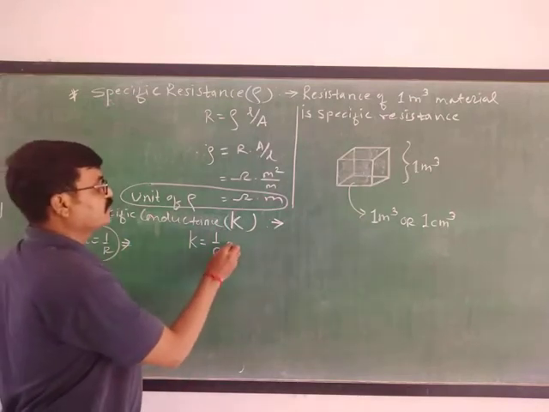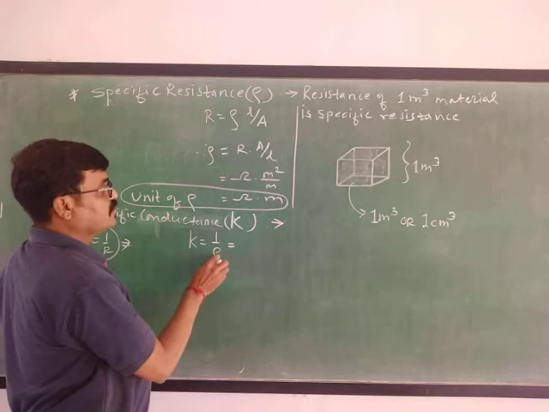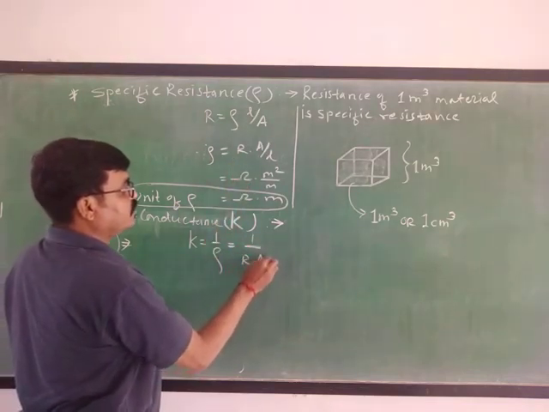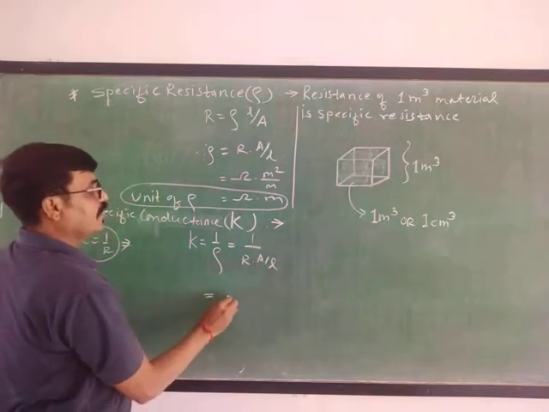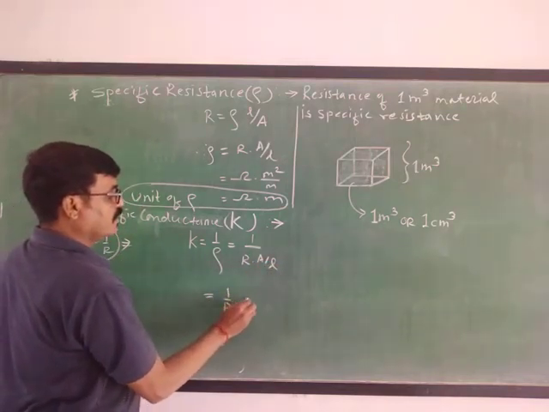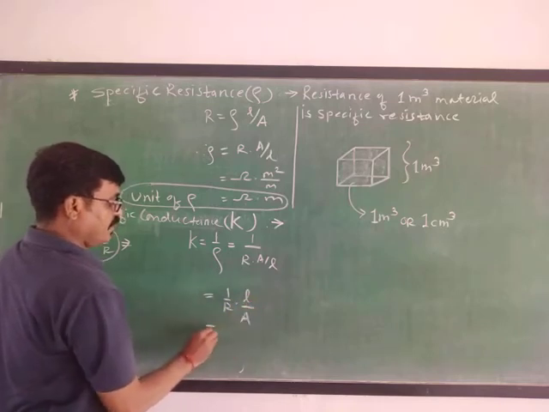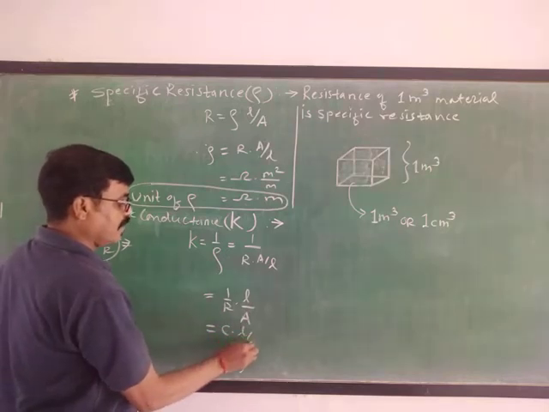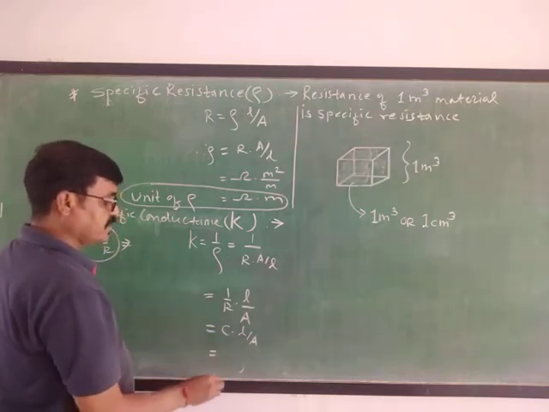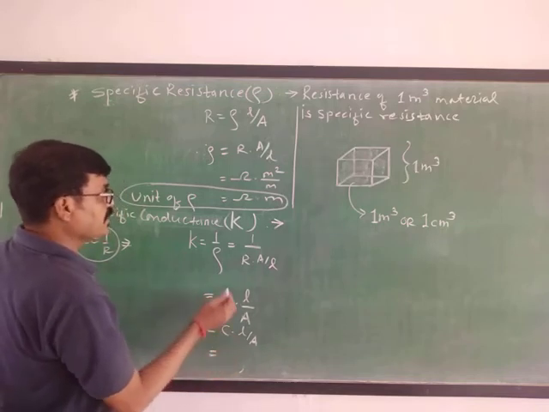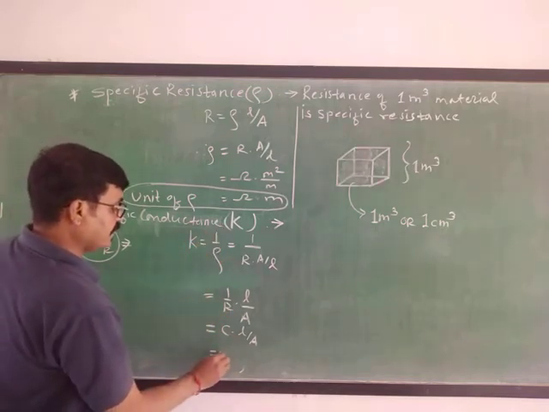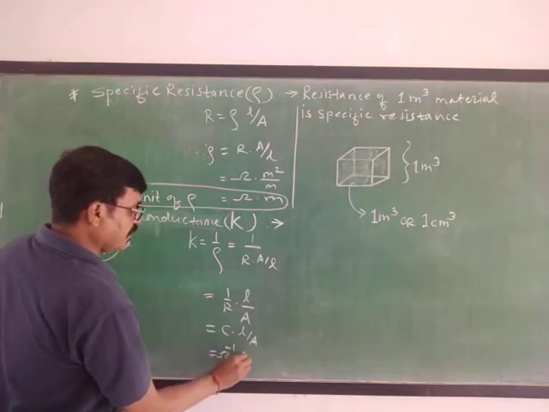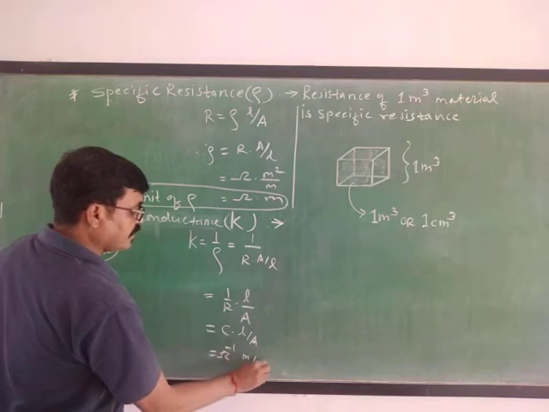Now see the unit of specific conductance. You know what is rho? Rho is nothing but R into A upon L. That's why kappa is 1 upon R into L by A. Again 1 upon R is nothing but conductance, C into L by A. Again, unit of conductance, you know conductance is the reciprocal of resistance, that's why ohm inverse, and L means meter, area means meter square.